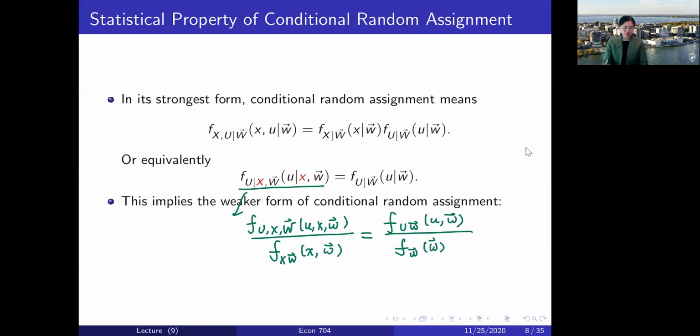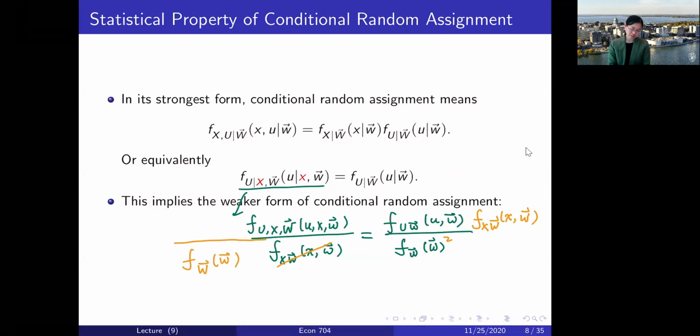All right, so now in order to go from there to this first line, we're gonna divide both sides by f_W(w) and multiply both sides by f_{XW}(x, w).